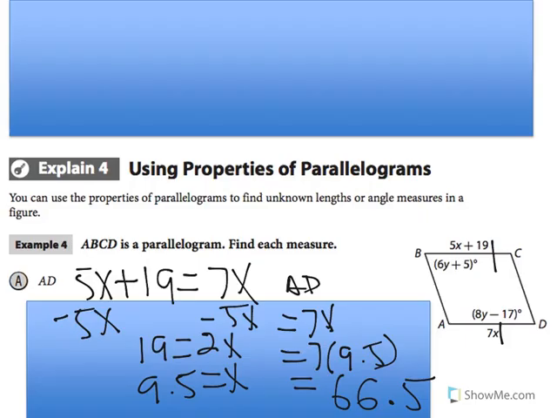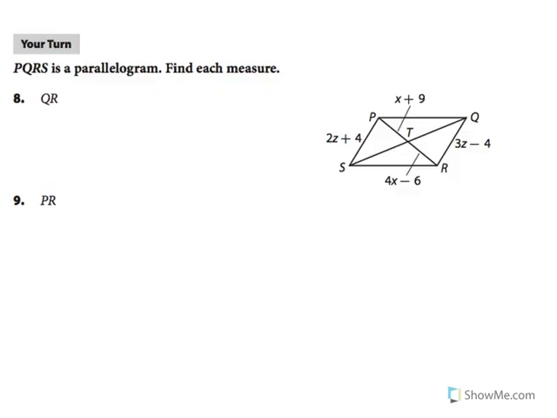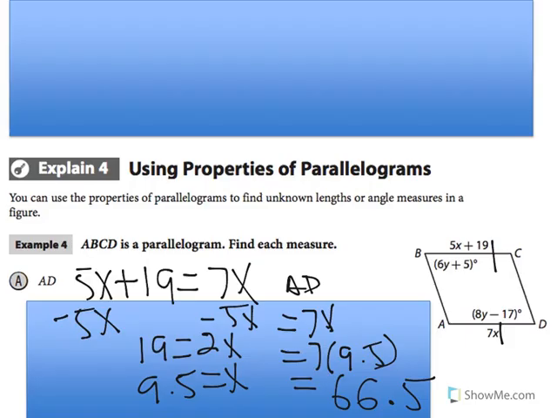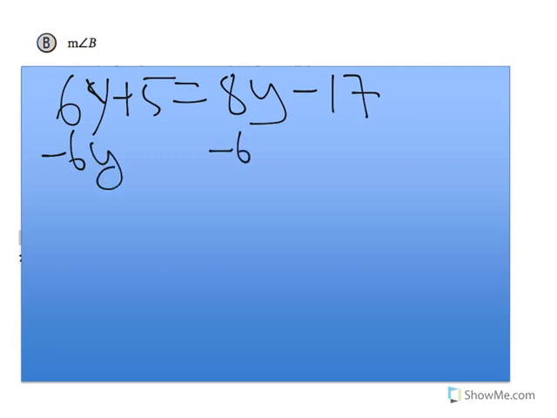Right, and then to solve for angle B, let me go back here. So then 6y plus 5. So we said 6y plus 5 is 8y minus 17. So to solve it, we're going to subtract 6y from both sides and add 17 to both sides. So that reduces to 0, and that reduces to 0.